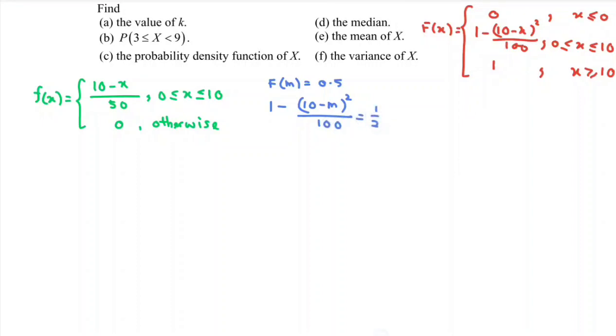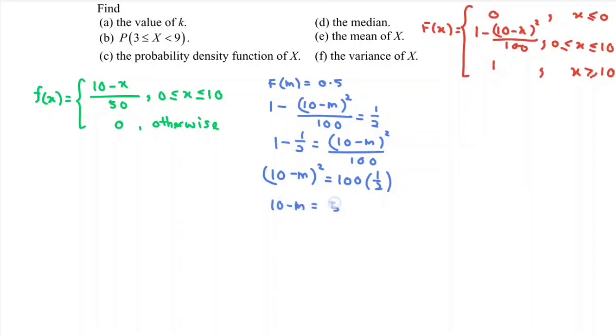Rearrange the situation and we have 1 minus 1 over 2, which equals (10 minus m) squared over 100. So (10 minus m) squared equals 100 multiplied by 1 over 2, which is 50.